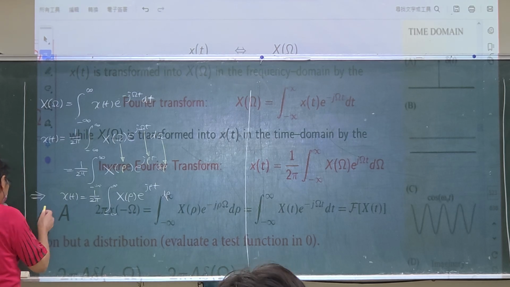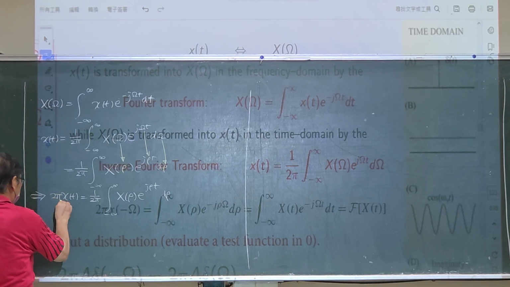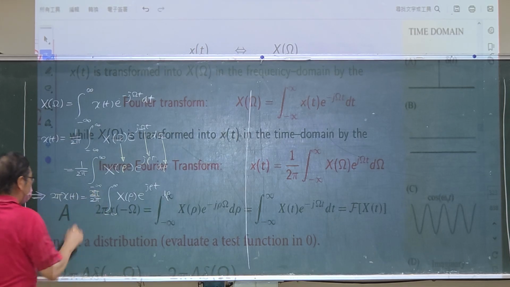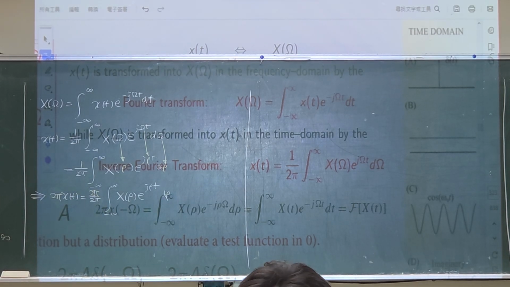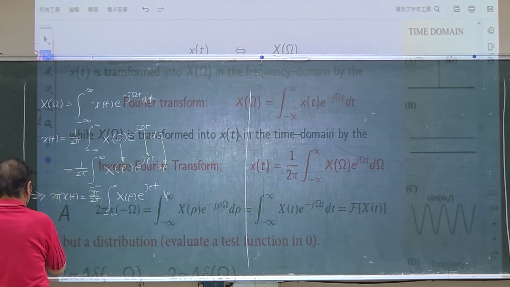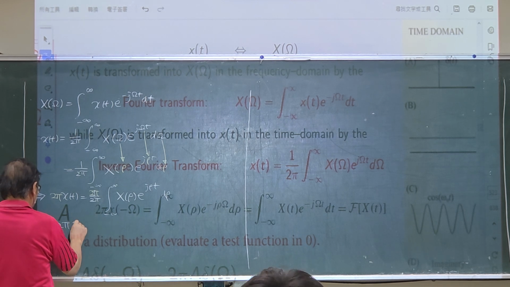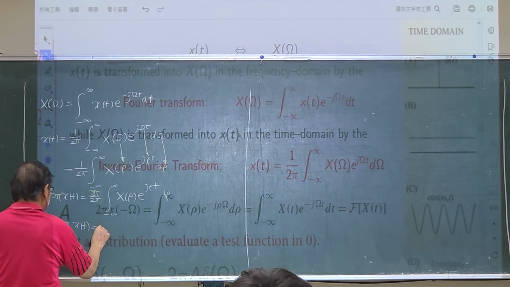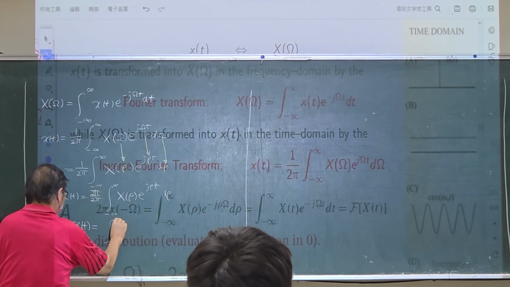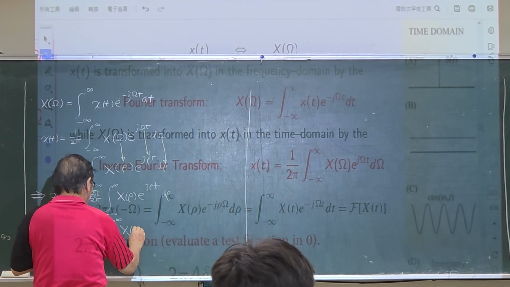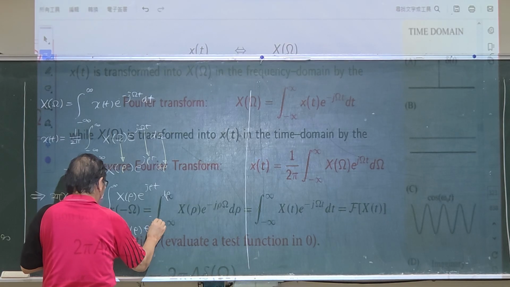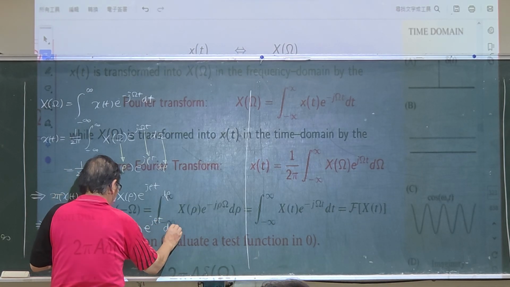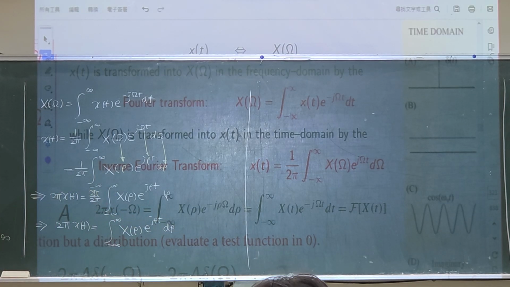And then let's multiply the entire function by 2 pi. So now I have 2 pi times x of t is equal to the integral of X of rho e to the j rho t d rho. Rho now represents the frequency.